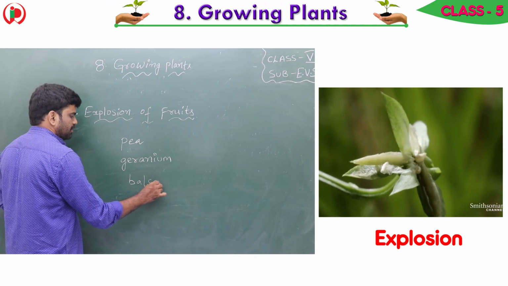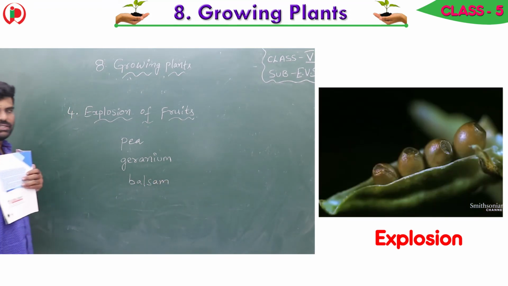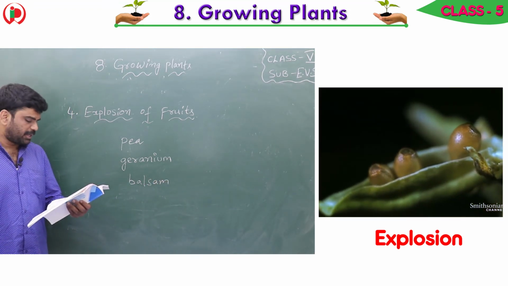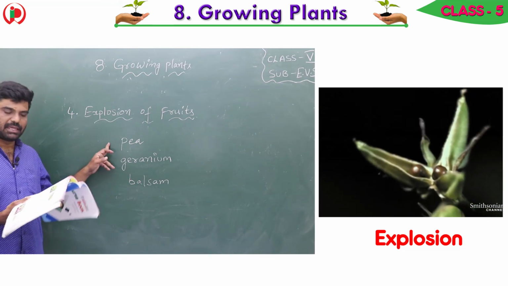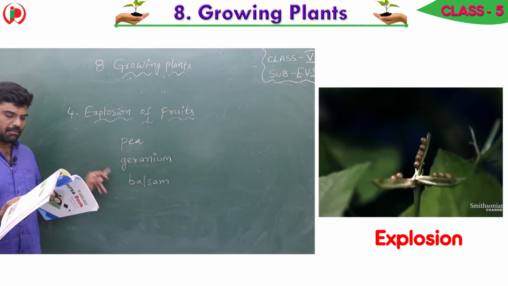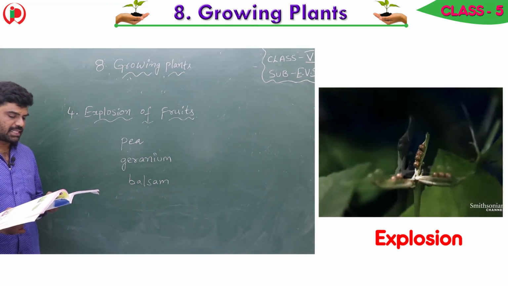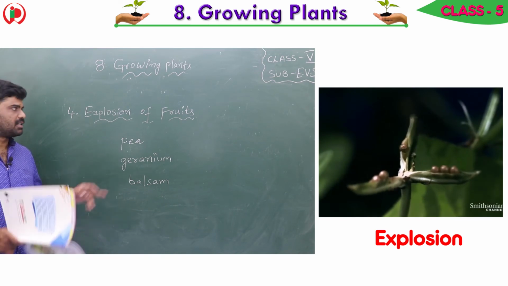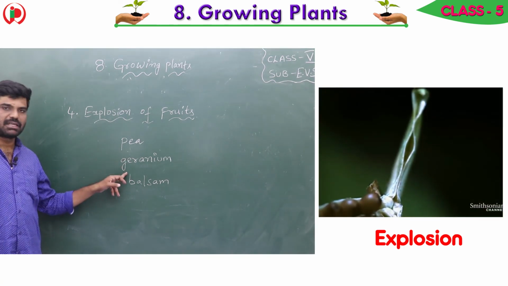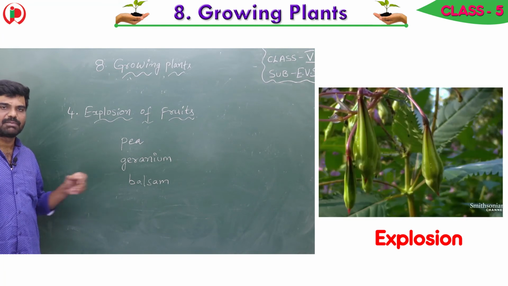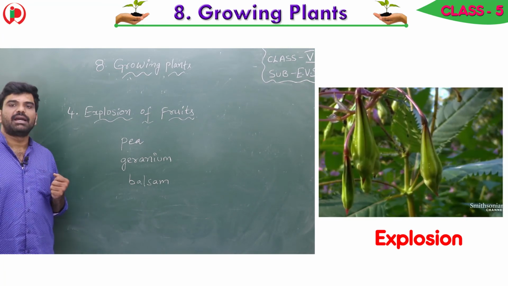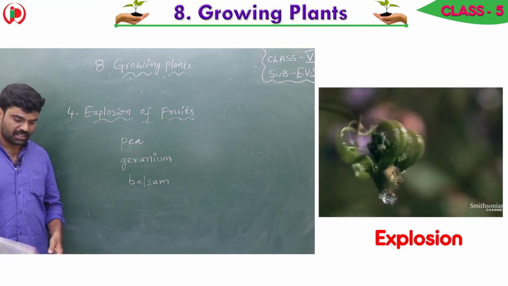The dispersal of pea, geranium, and balsam seeds takes place by explosion.